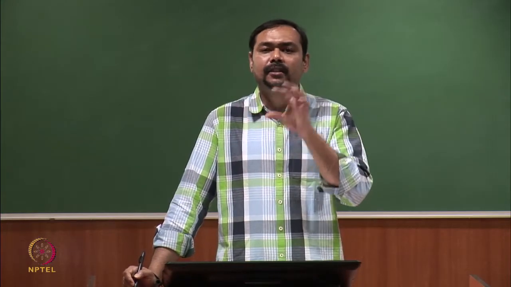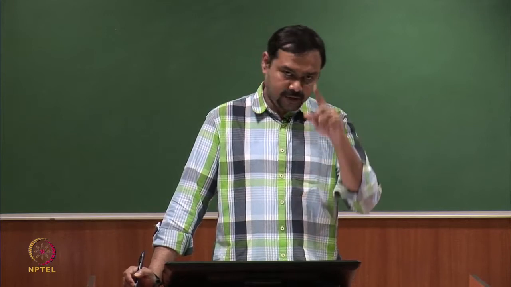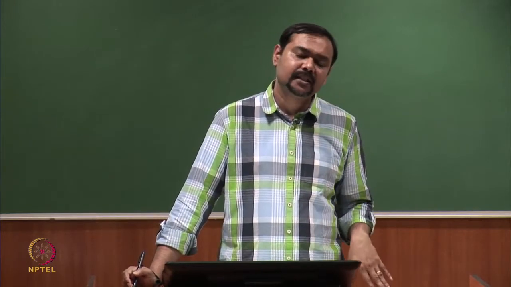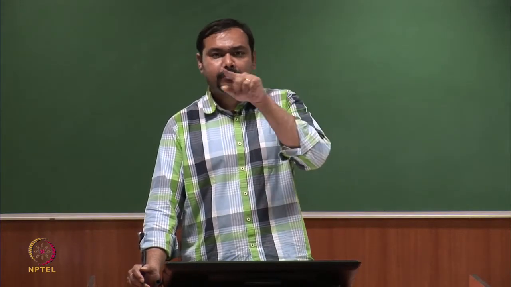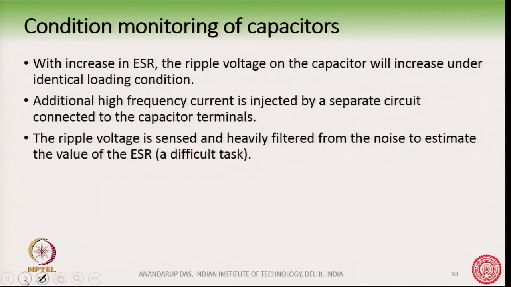Now, how will you do this? When the ESR increases, the ripple voltage on the capacitor will also increase, because the equivalent series resistance has increased. So, under identical operating or loading conditions, the ripple voltage on the capacitor will increase. So, what they do is inject additional high frequency current by a separate circuit connected to the capacitor terminals.